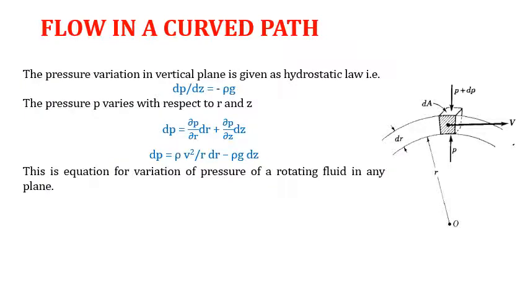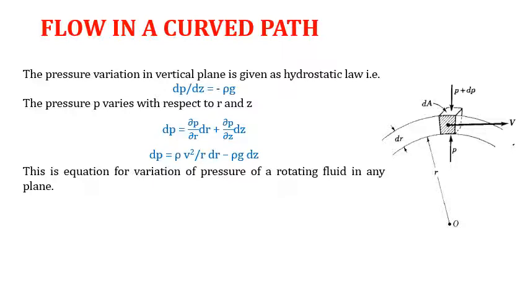As we have already studied the hydrostatic law, which states that the change of pressure with change of elevation depends upon the specific weight of the liquid, that is dP over dz is equal to minus rho g. That is, with the increase of elevation, as we go upwards, the pressure reduces by minus rho g. Now in a circular motion, the pressure variation would take place with the change of radius and with the change of elevation.